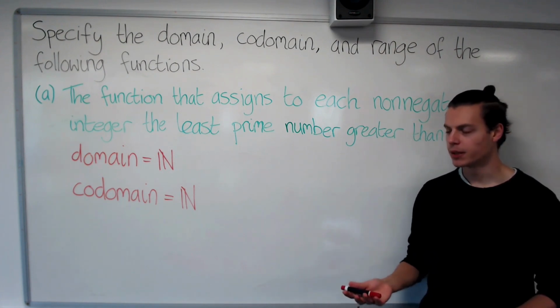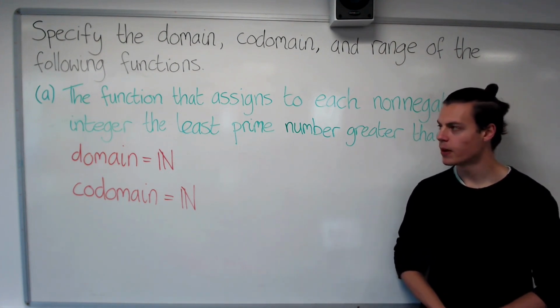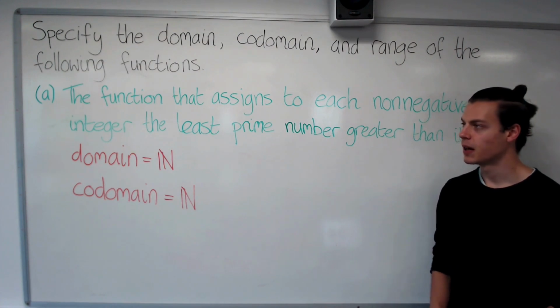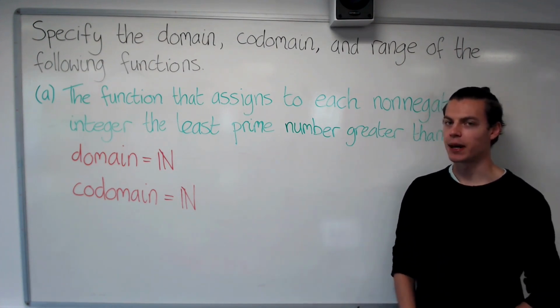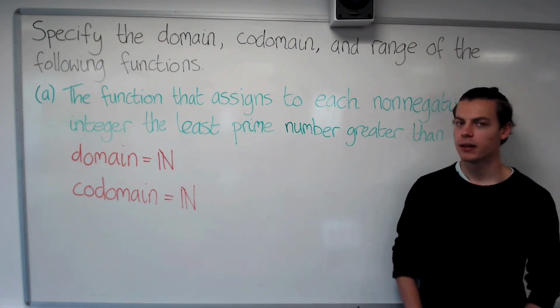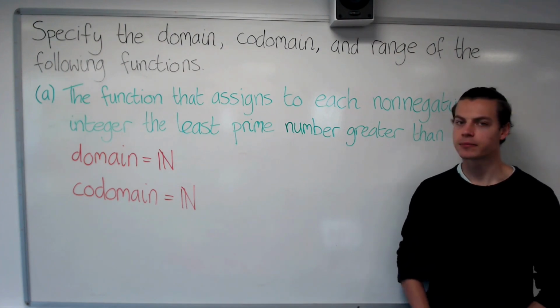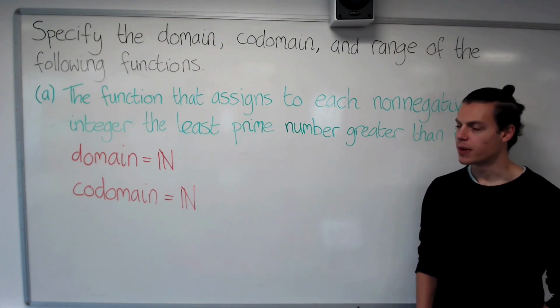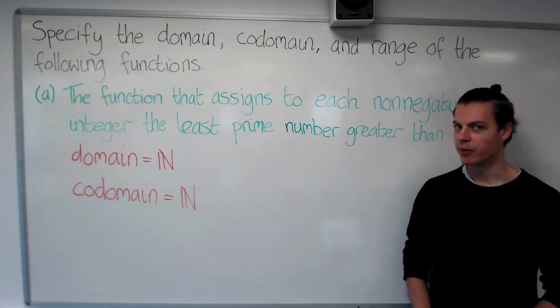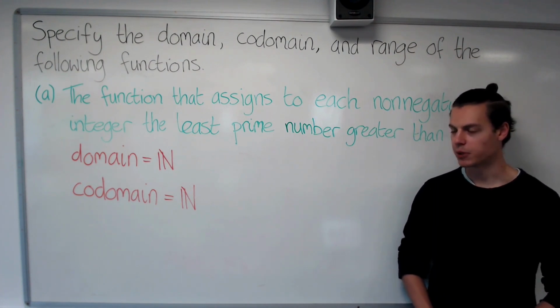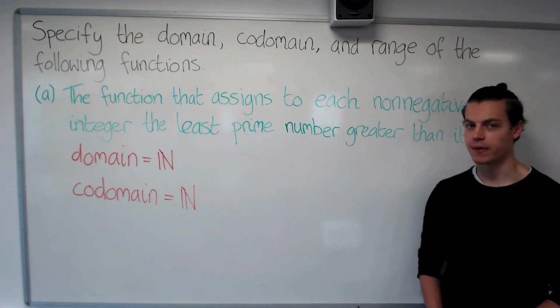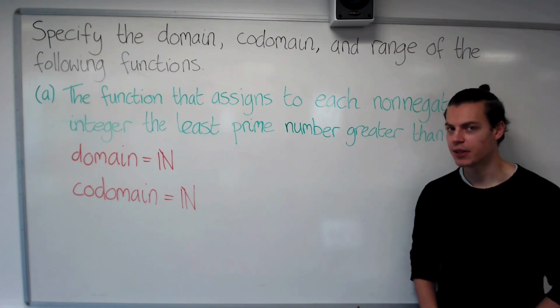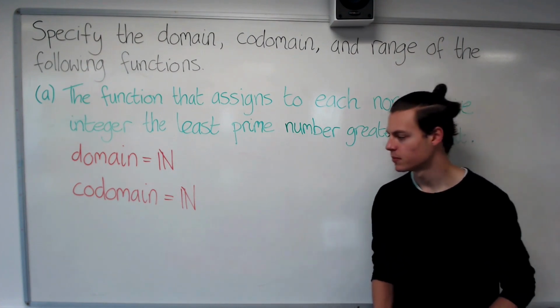Given a prime number, let's say p, if we apply this function to p minus 1, it will output p. So this function can output any prime number, and it only outputs prime numbers. So the range of this function is exactly the set of all prime numbers.